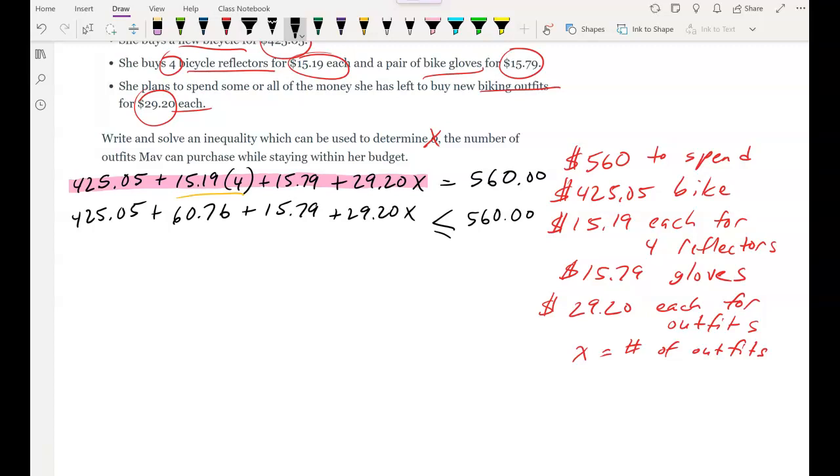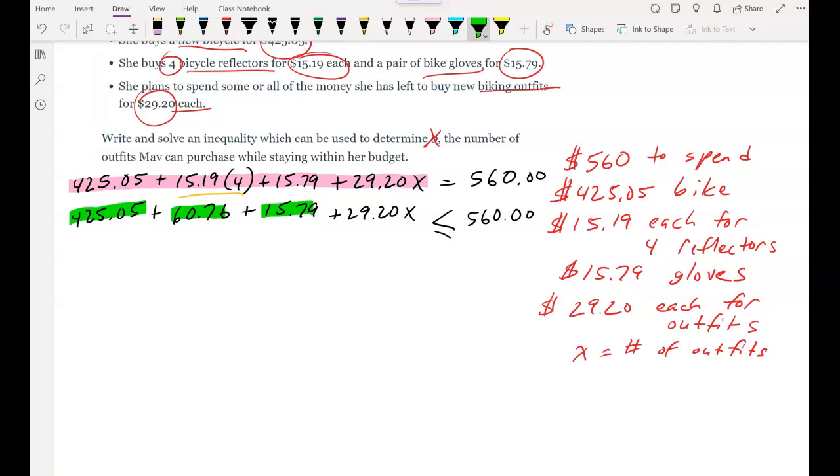All right, we should combine like terms at this point, and all our like terms are the ones that have no variables. So let's combine $425.05 plus the $60.76 plus the $15.79.